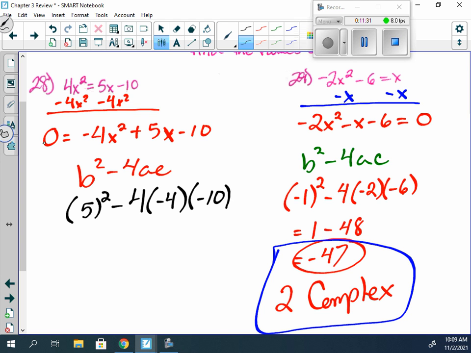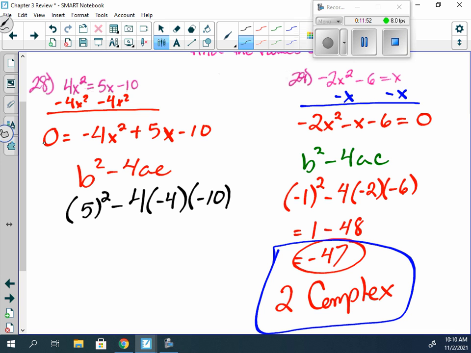Because what's going to be bigger? 4 times 4 times 10, or 5 squared? 4 times 4 times 10, yes? Well, we have a negative and a negative, yes? What's it going to come out to be? Negative. So most likely, we're going to come up with 2 complex solutions.